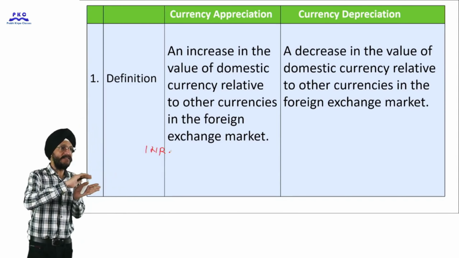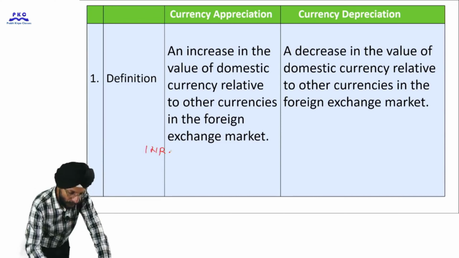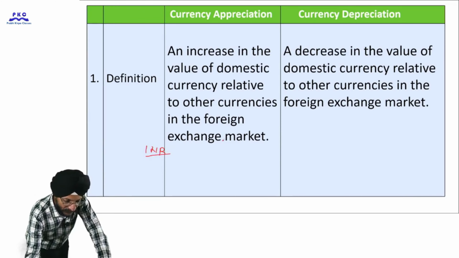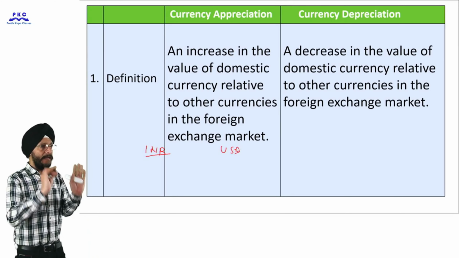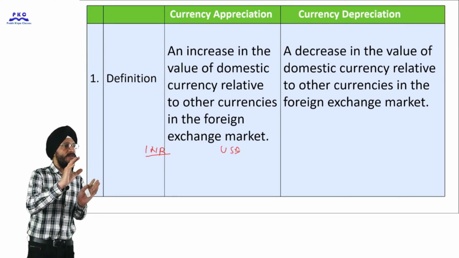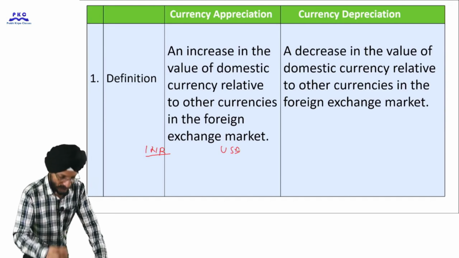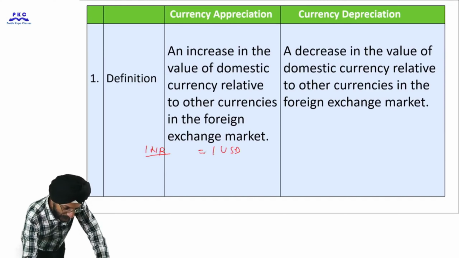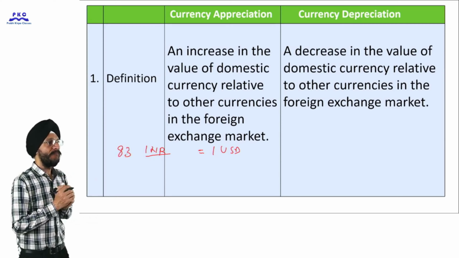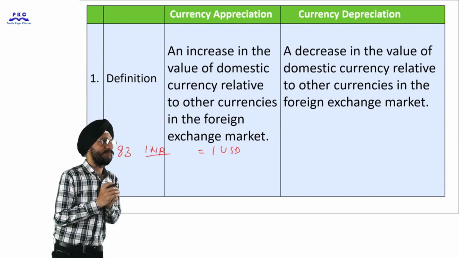So now at present I am living in India and my domestic currency is Indian rupee and another currency, say, is US dollar. At present, if I want to purchase one US dollar, I will have to pay approximately 83 Indian rupee to get one US dollar.